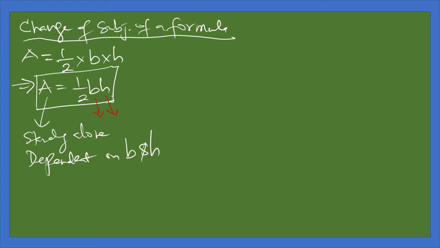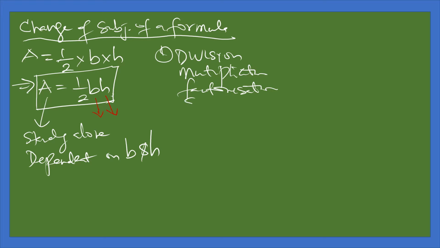In order to do that, you can employ different methods such as division, multiplication, factorization, squaring both sides, and so on and so forth. And whatsoever you do to the right hand side, you also do the same to the left hand side. So I want you to take note of that. So that is the meaning of change of subject of a formula.